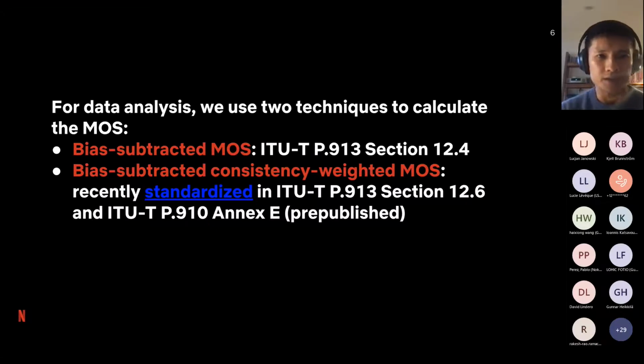For data analysis purposes, we use two techniques to calculate the MOS. The first one is bias subtracted MOS, which is standardized in ITU-T P.913 section 12.4. The second one is bias subtracted consistency weighted MOS, which is recently standardized in ITU-T P.913 section 12.6, but also in P.910 Annex E, which is currently under pre-publish status.